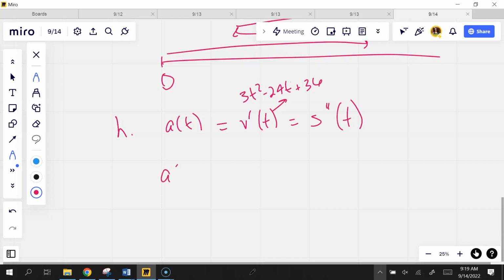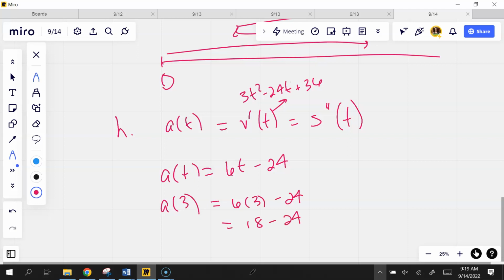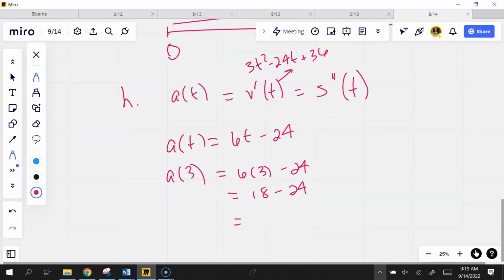So I need the derivative of that, which would be 6t minus 24. Then it said find the acceleration after 3 seconds. So plug in a 3, you get 6 times 3 minus 24, which is 18 minus 24, which is what? Meters per second.